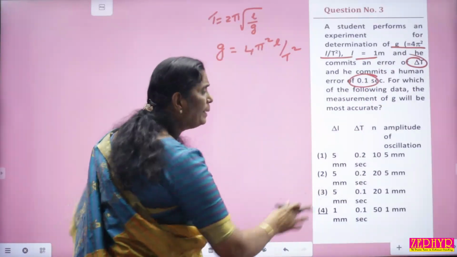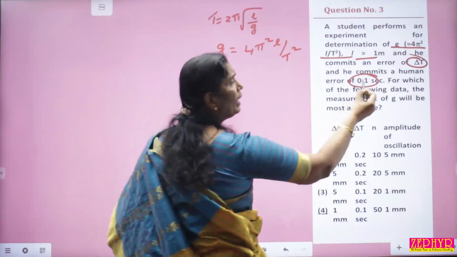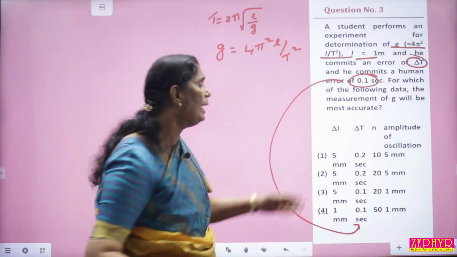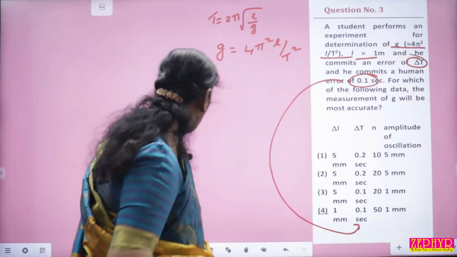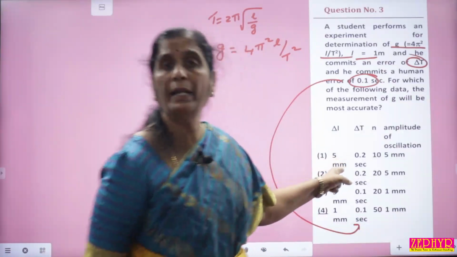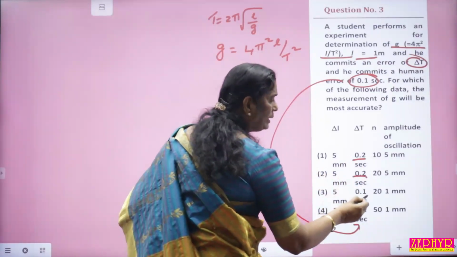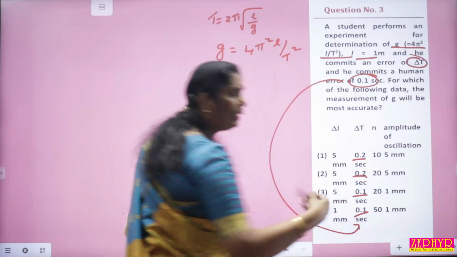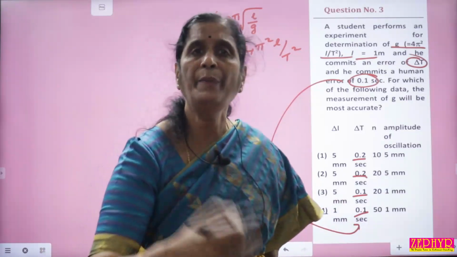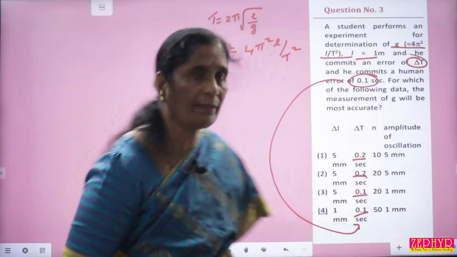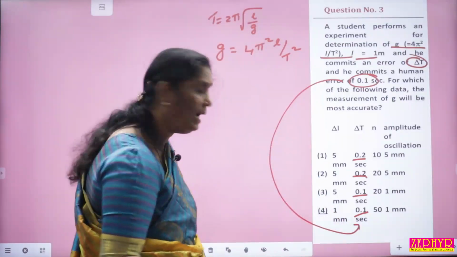Like that he repeated the experiment. In the first reading he has committed an error of 0.2, in the second reading 0.2, third 0.1, and so on. Every time he repeats the experiment he makes different errors. That's the data they have given.